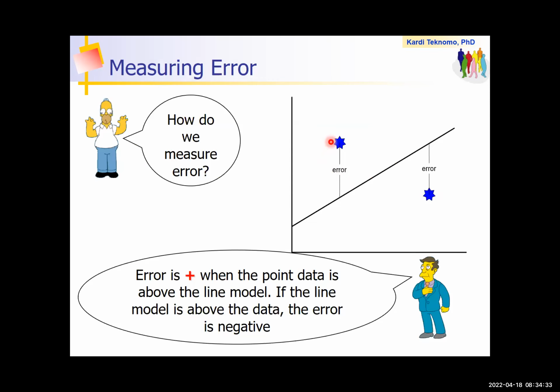Then the error is measured as the difference in the y direction, the vertical axis. If the point is above the line, we say it's positive. If the point is below the line, then it is negative. The problem with this measurement is that the sum of the error will be zero if the model is exactly in the middle.